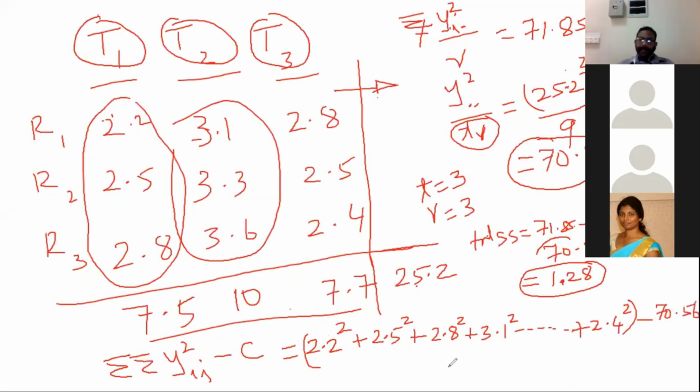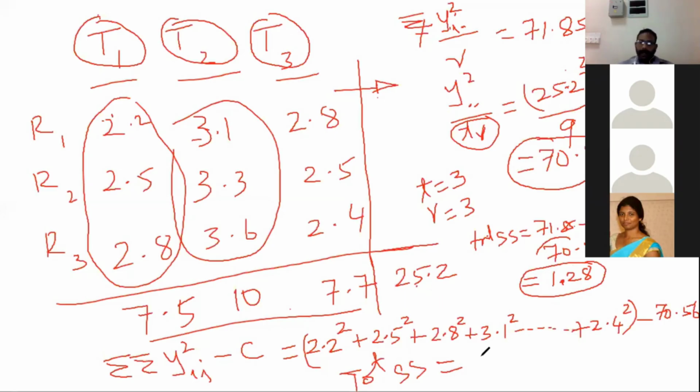Can somebody get me the answer? What is the total sums of square? You'll have to do it correctly, because these are very minor differences in values.